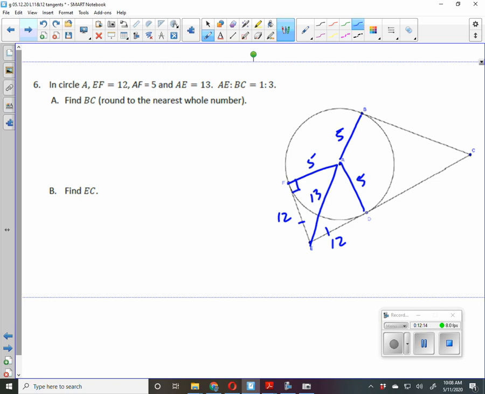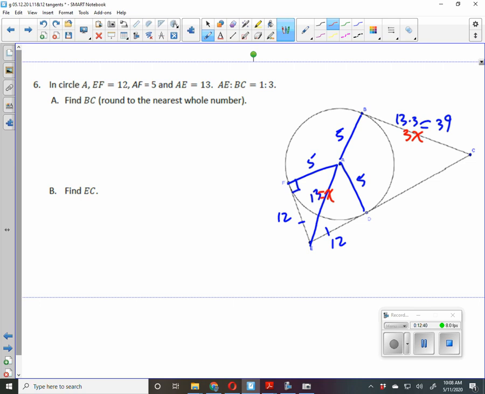AE to BC is 1 to 3. So this is 13 times 3, which is 39. Remember, this could be written as x and 3x. As long as you know x equals 13, then you can plug that in.